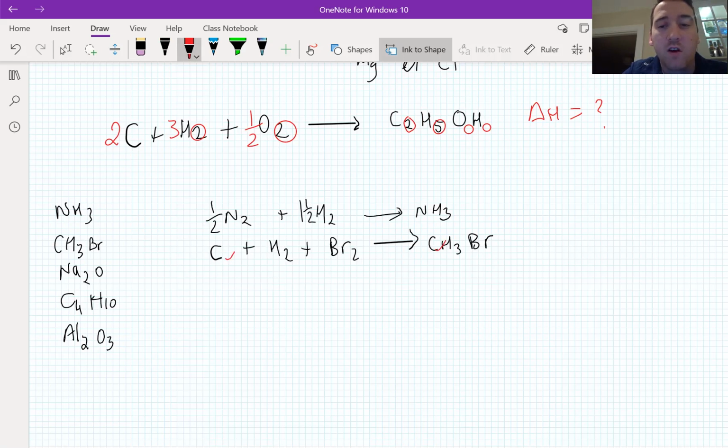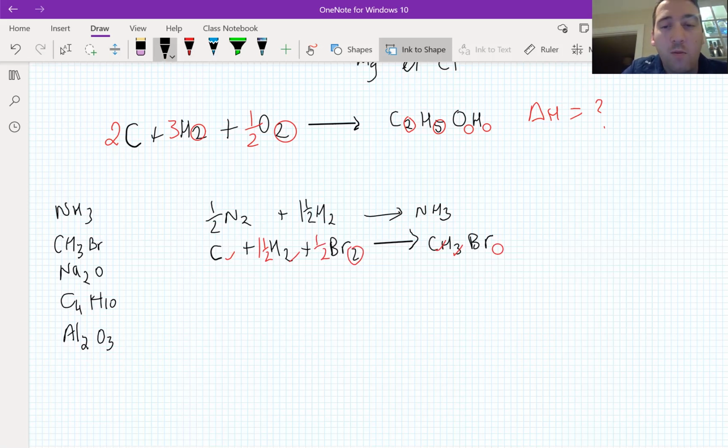The hydrogens, I've got 3 hydrogens here and only 2 here. So if I do 1.5 here, I will make that balanced. The bromine, I've got 2 here and I've got 1 here. So if I half this, then it will be balanced. So I've got carbon plus 1.5 hydrogens plus a half bromine gives you CH3Br. Again, that's quite challenging. So well done if you got that right.